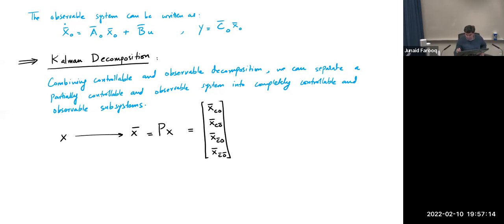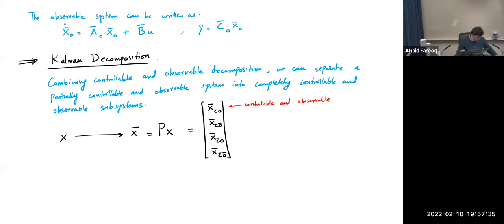So I will write it here. So this part is controllable and observable. There exists a unique transformation P that can decompose the system into this form. And that's the most general form.